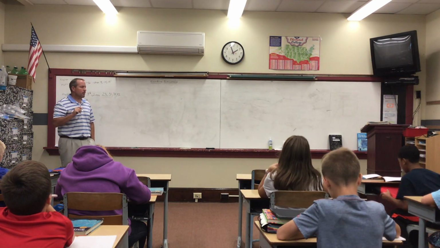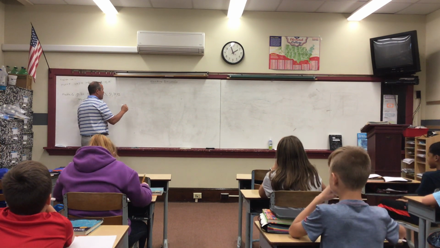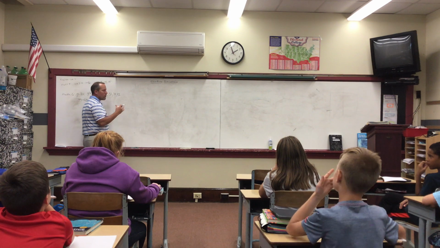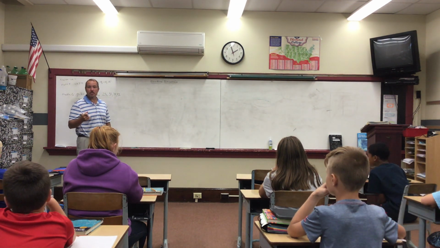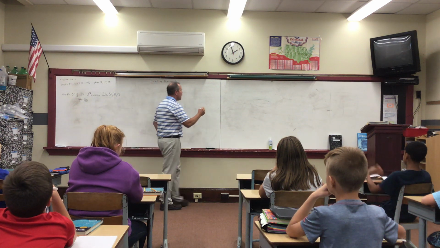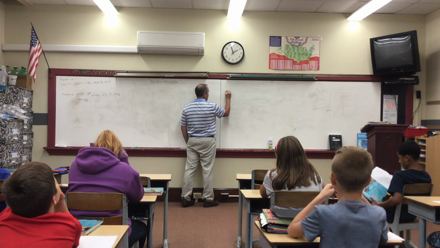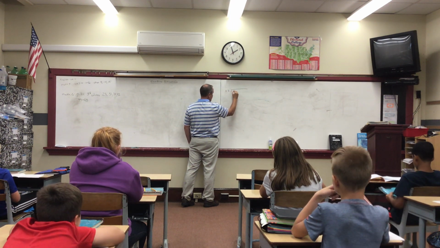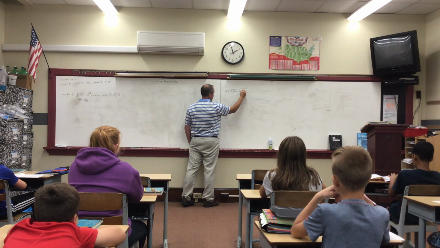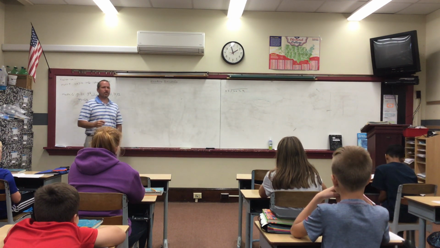Now, the first thing, you don't need to write this down in your notebooks, but let's first review how I do division with two-digit divisors. If we have this problem, let's say 3,629 divided by 52.